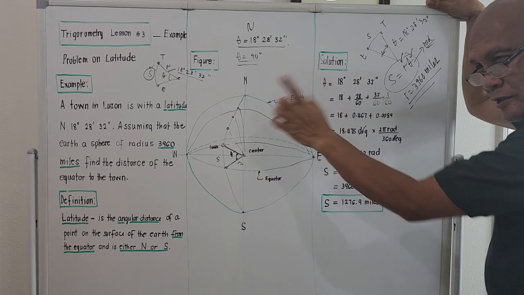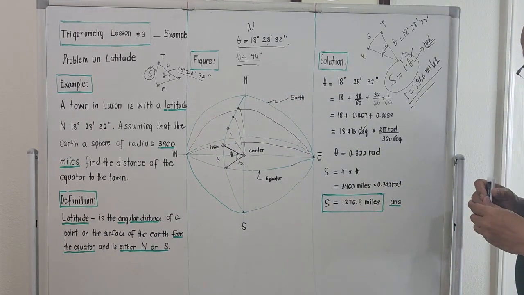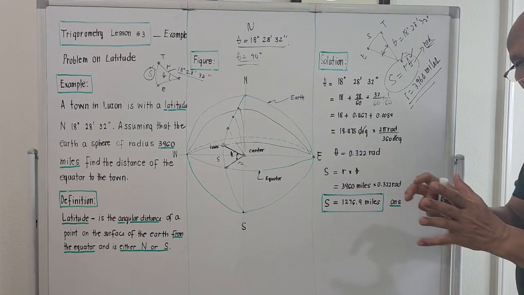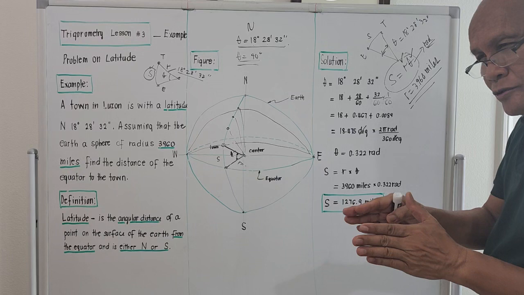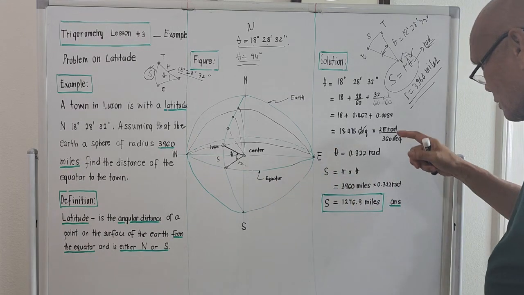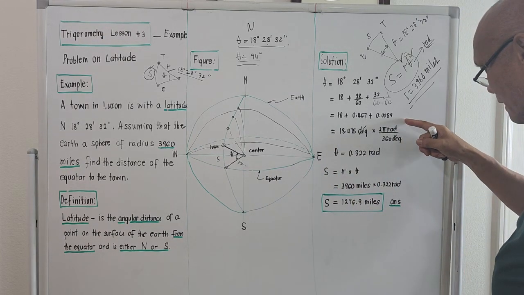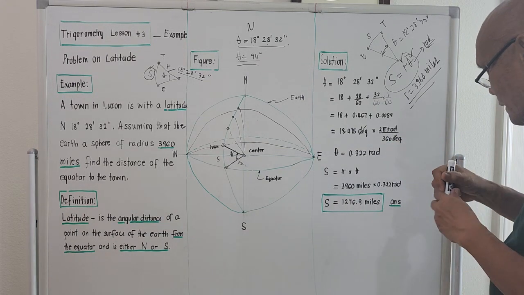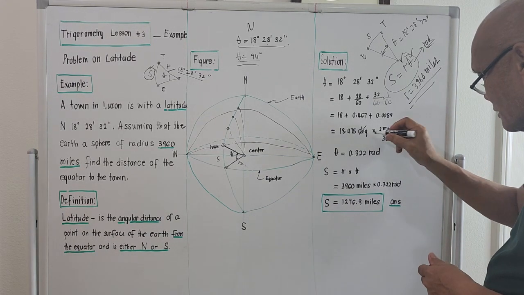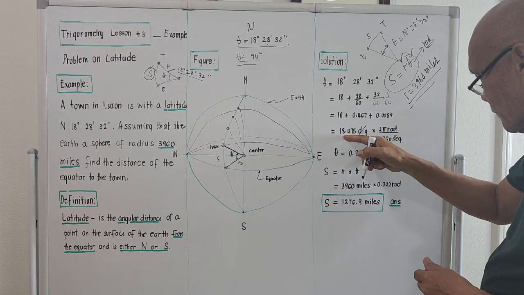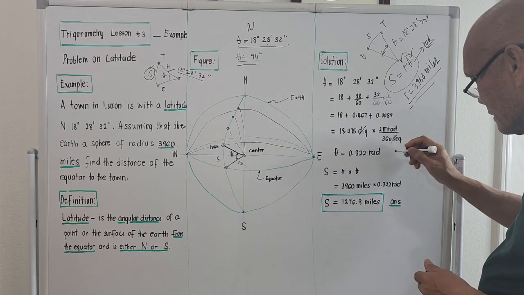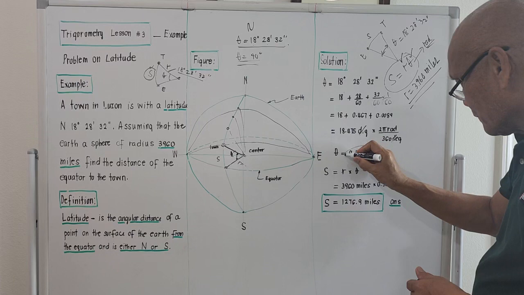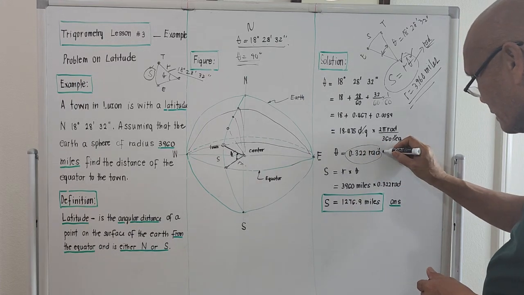Converting this to radians, we use the relationship of radians to degrees: 1 complete revolution is 2 pi radians, which is equivalent to 360 degrees. So the degree units cancel, and multiplying this out, it becomes 0.322 radians.